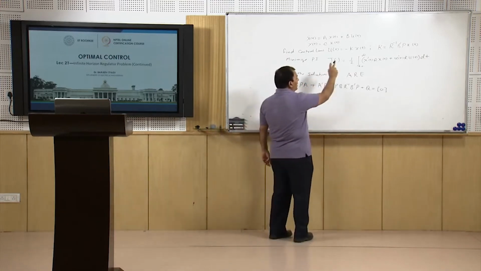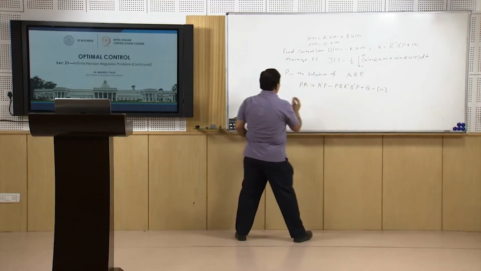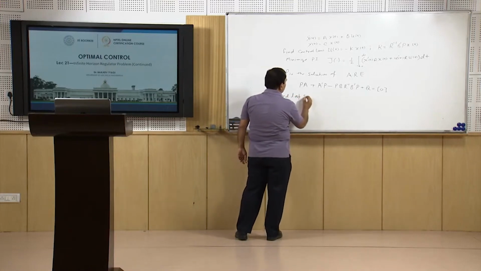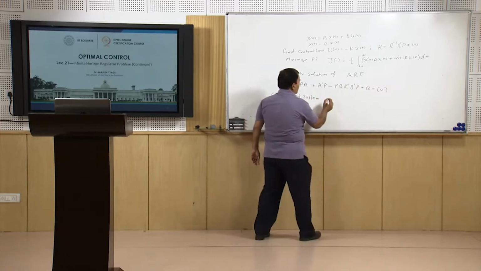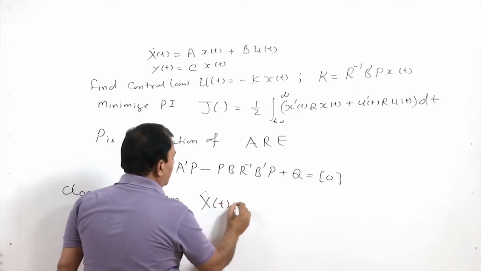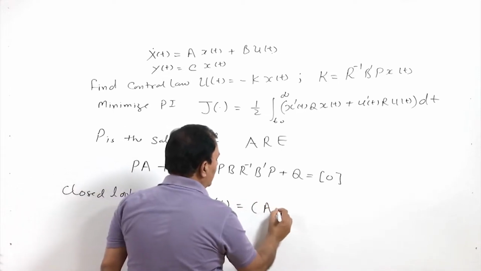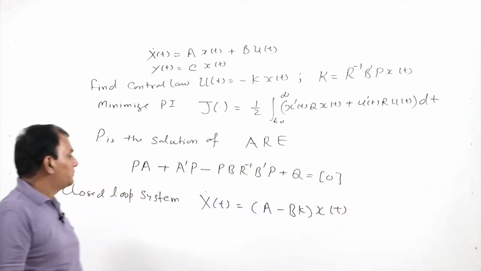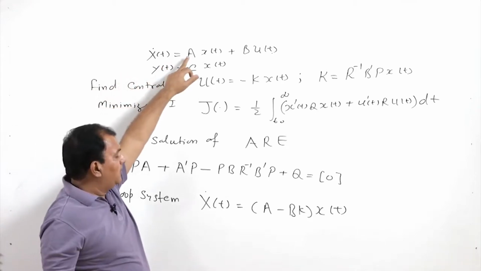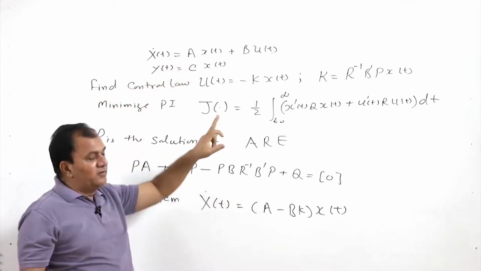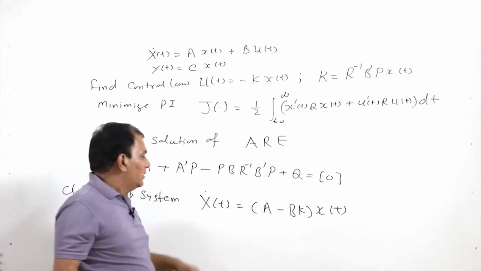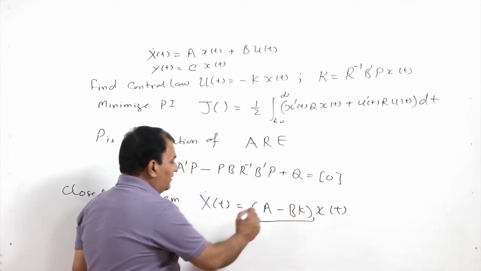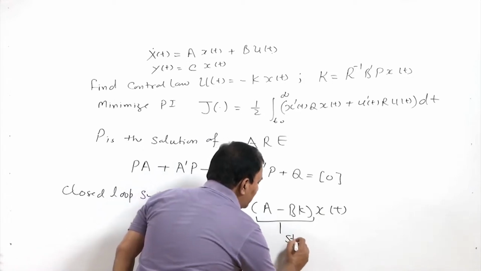If we can find the P, we can find the control law, which gives the closed loop system x dot t equal to A minus BK x t. Whatever the original system A is, if my system is completely controllable, I can control all the states using K, and A minus BK is a stable matrix.